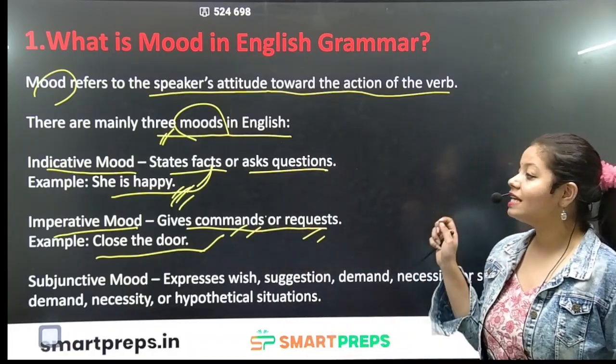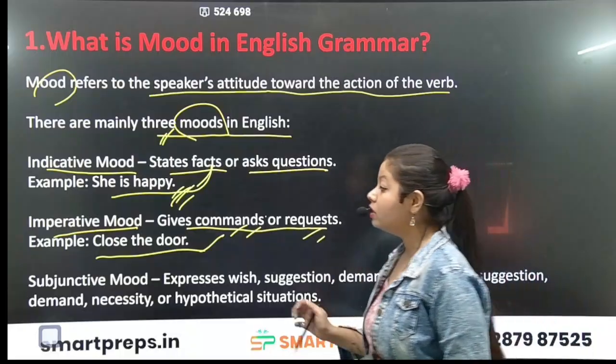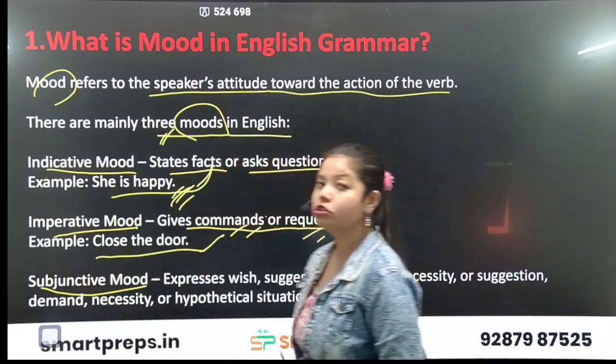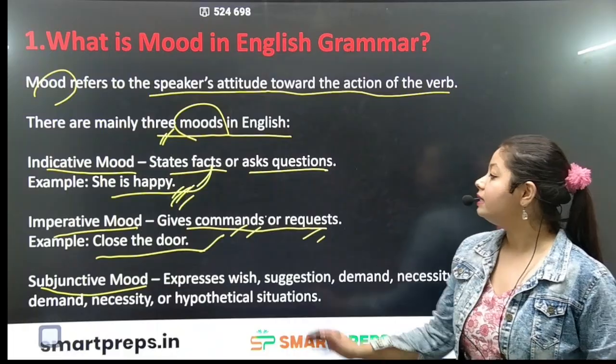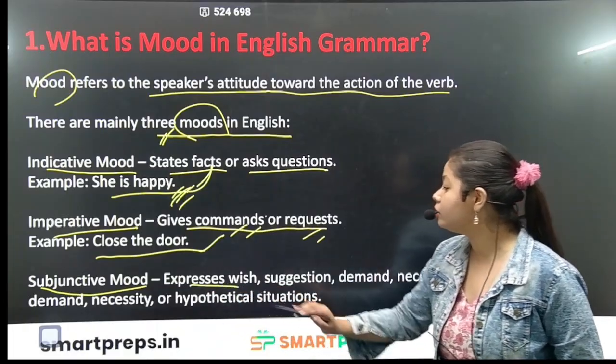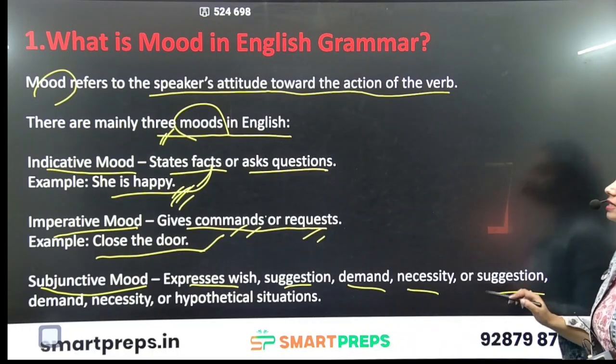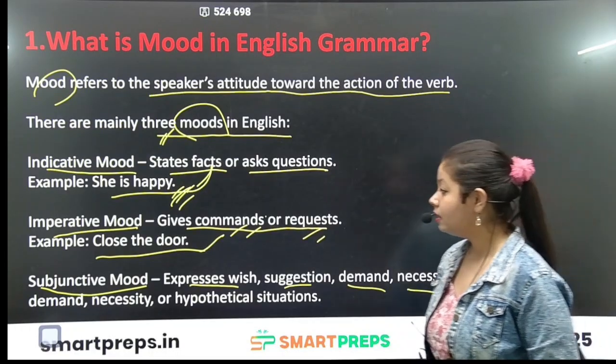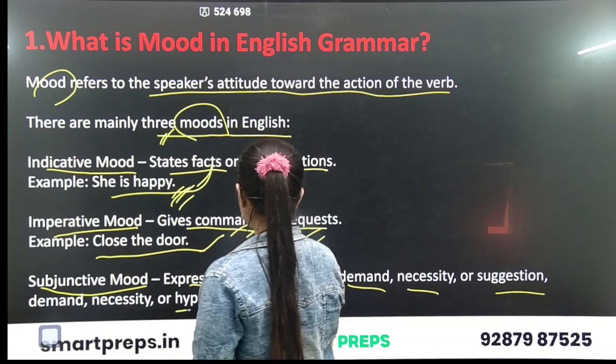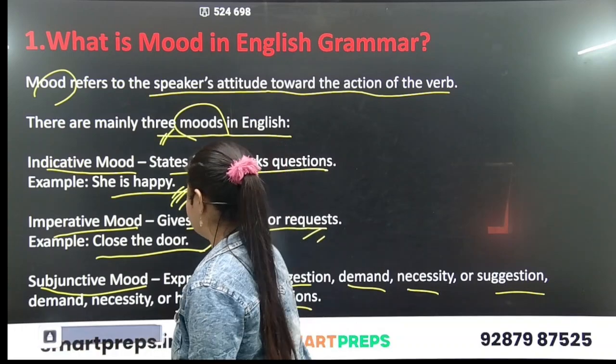Next is subjunctive mood, the mood that we are going to talk about today. Subjunctive mood is the mood which expresses wish, suggestion, demand, necessity, or hypothetical situations.